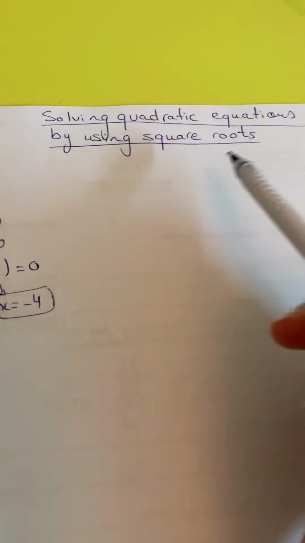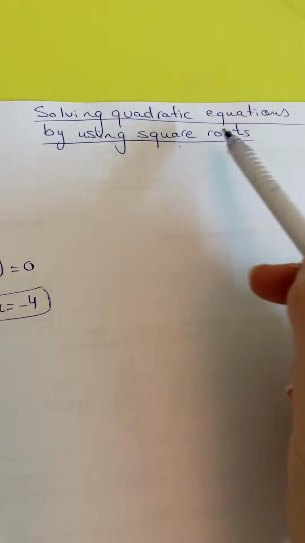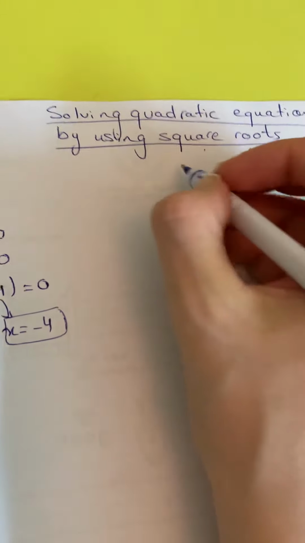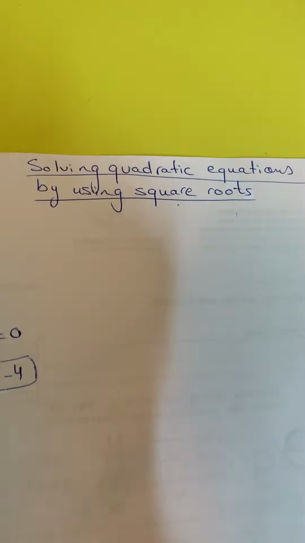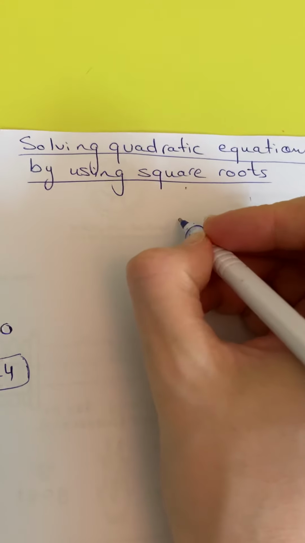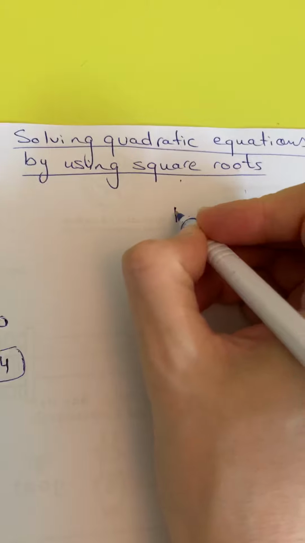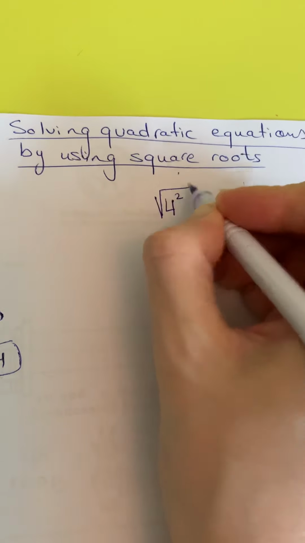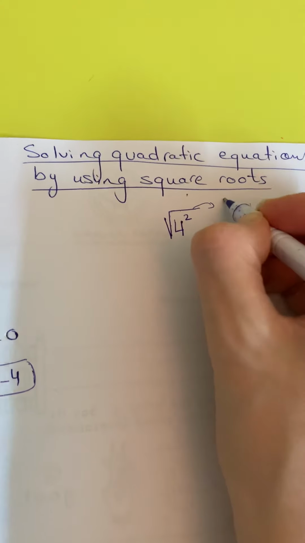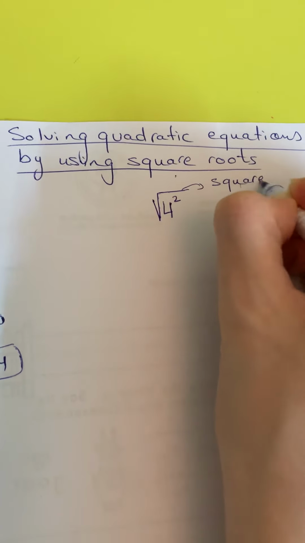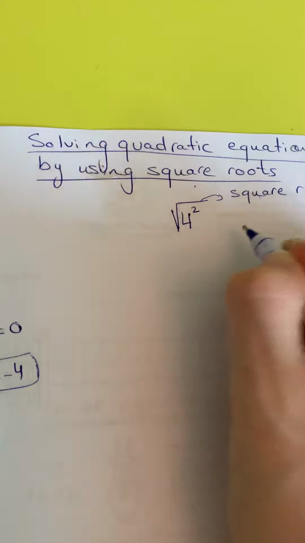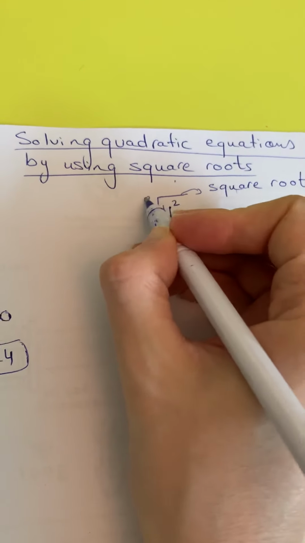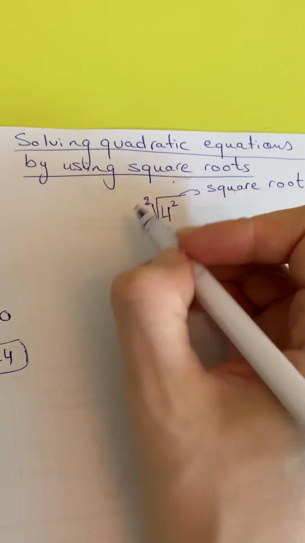Now we will solve it by another way, which is the square root. Just to remind you what a square root is, it's the radical sign. For example, if you have 4 power 2 and I put the square root sign, then we said we will imagine there is an invisible 2 here.